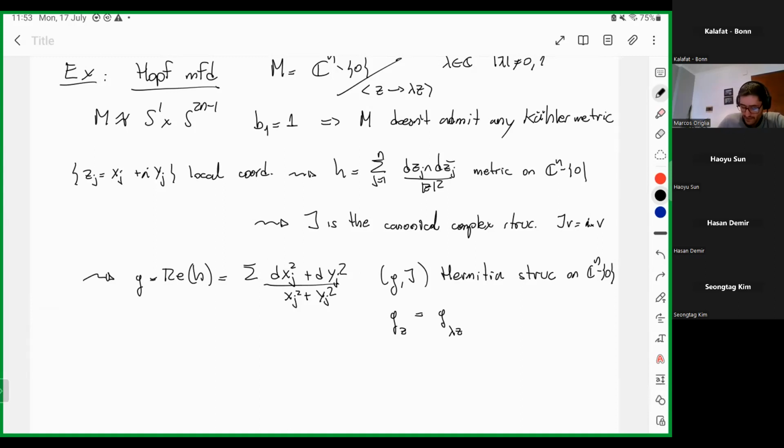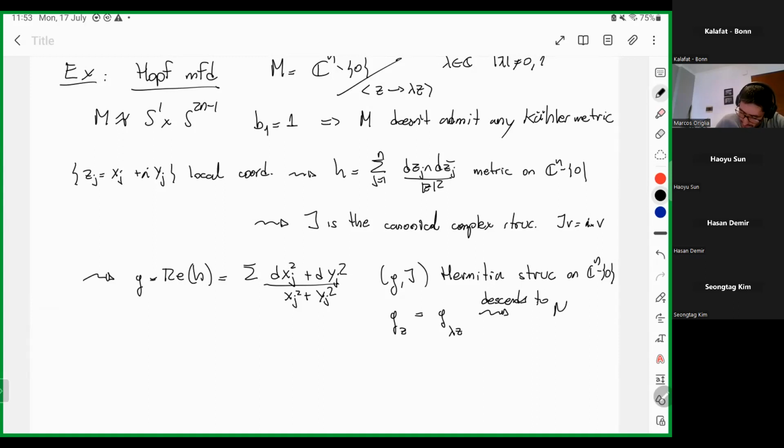So the metric at z and lambda z is exactly the same. What I'm trying to say is that this metric, and indeed the Hermitian structure, descends to the quotient, to M.